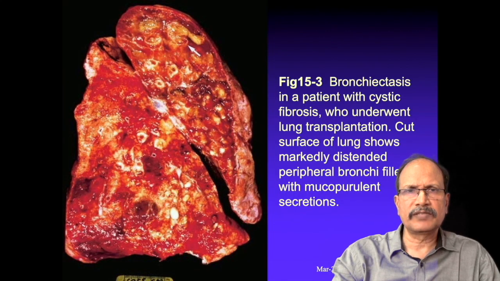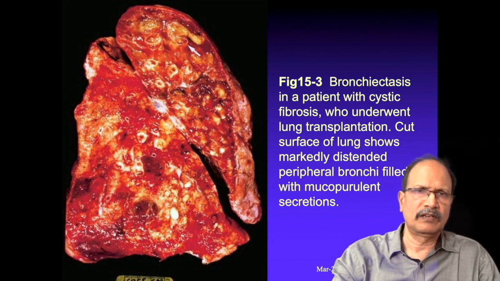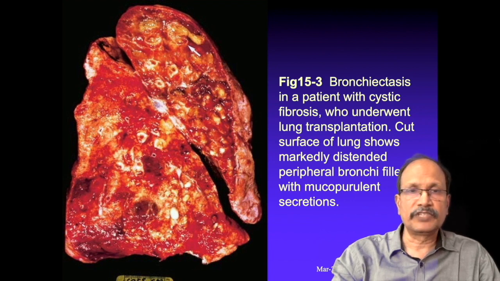Here the cut surface of the lung shows multiple cystic spaces involving the entire lung, and this is a bronchiectasis which is very commonly seen in any patient suffering from cystic fibrosis. Cystic fibrosis is a genetic mutation which affects the entire lung, so the bronchiectasis cannot be confined to one portion of the lung, which is normally seen in any acquired variety of bronchiectasis.